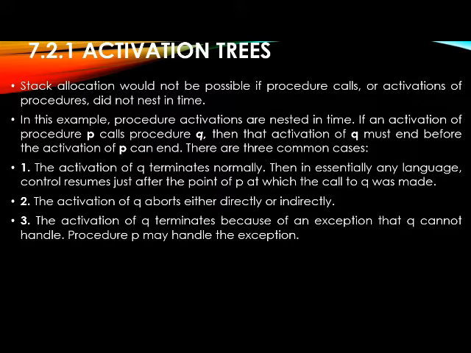That exception cannot be handled by procedure Q, so procedure Q is aborted, but procedure P can handle that exception, and then procedure P continues its execution. These are the three common situations whenever we are handling activation trees.